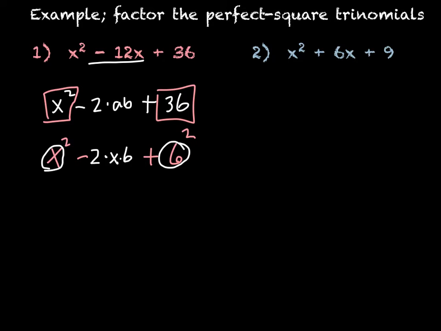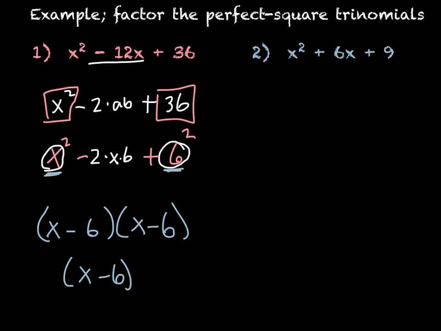My final factored form would be we have an x and we have a 6. So we're going to have x minus 6, x minus 6. You might also write that as x minus 6 squared. Final answer.